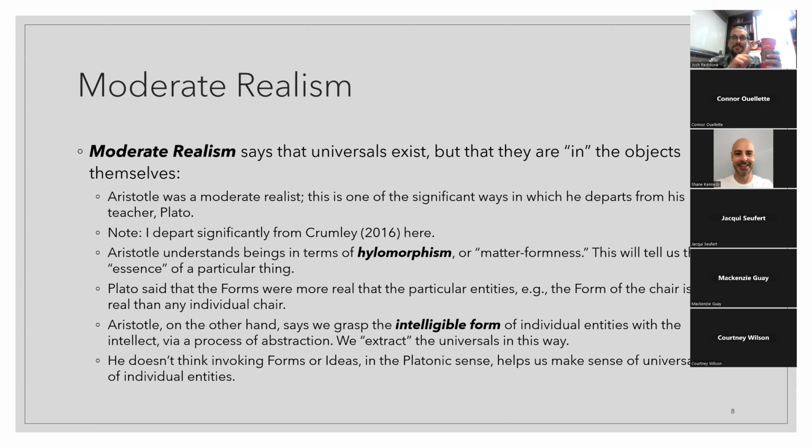And that's part of the essence of what this is. In fact, for Aristotle, invoking Platonic sort of forms or perfect ideas doesn't really help us make sense of individual entities. It's kind of an extra unnecessary step.